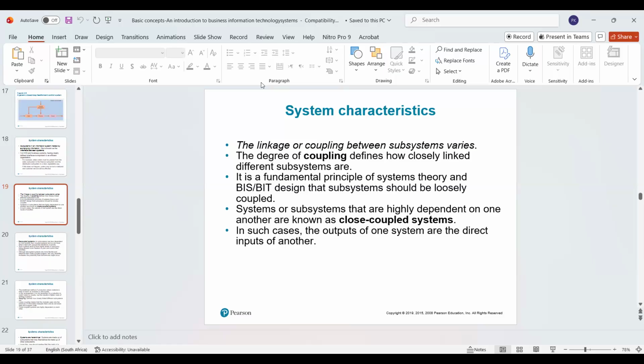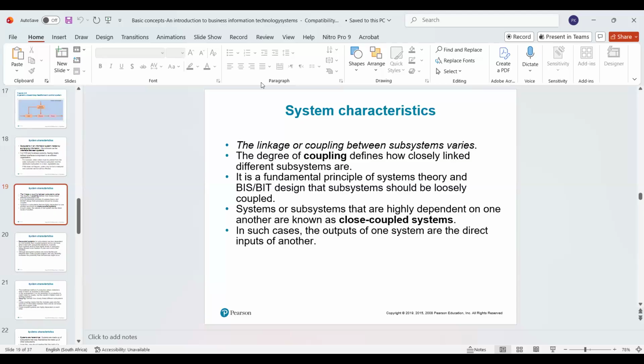So the degree of coupling or linkage defines how closely linked different subsystems are. Some are close, some are open, some are loose. We are going to try to understand which ones are the open type of systems and which ones are the closed type, which we have already explained most of.